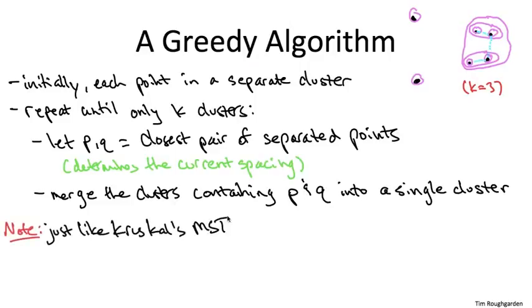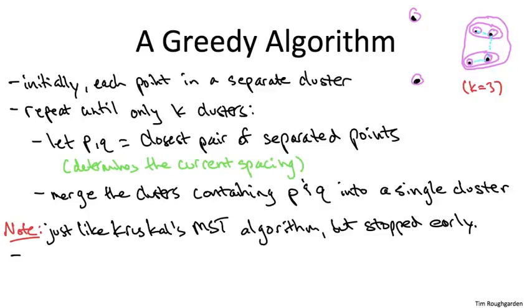Indeed, we can think of this greedy clustering algorithm as being exactly the same as Kruskal's minimum cost spanning tree algorithm, except aborted early, stopped when there's k components remaining, that is, before the final k-1 edge additions. So just to make sure the correspondence is clear, what is the graph, what are the edges, what are the edge costs?